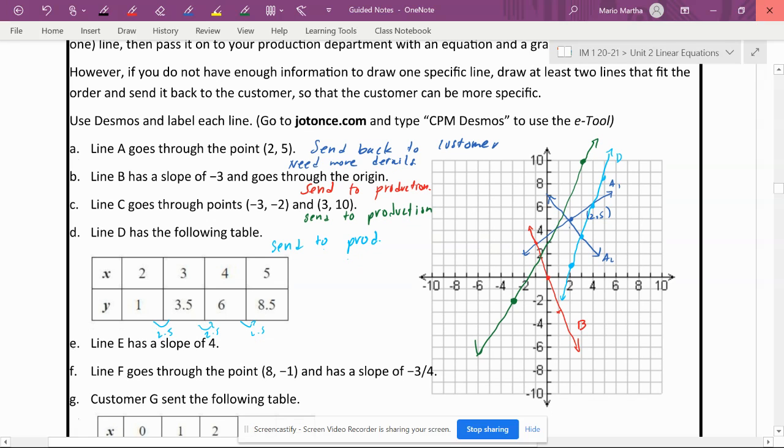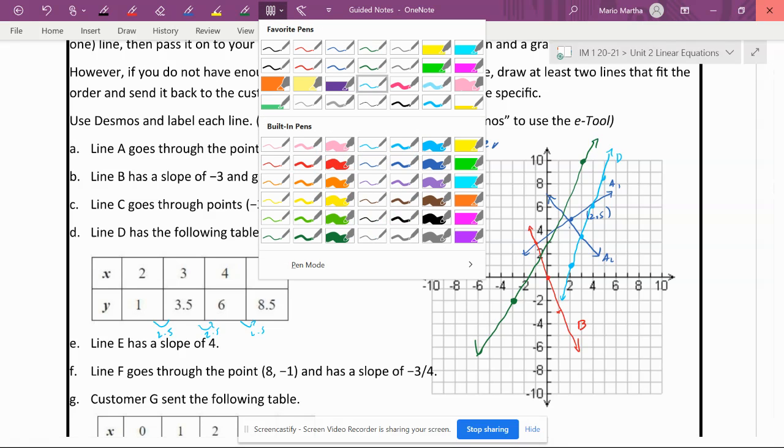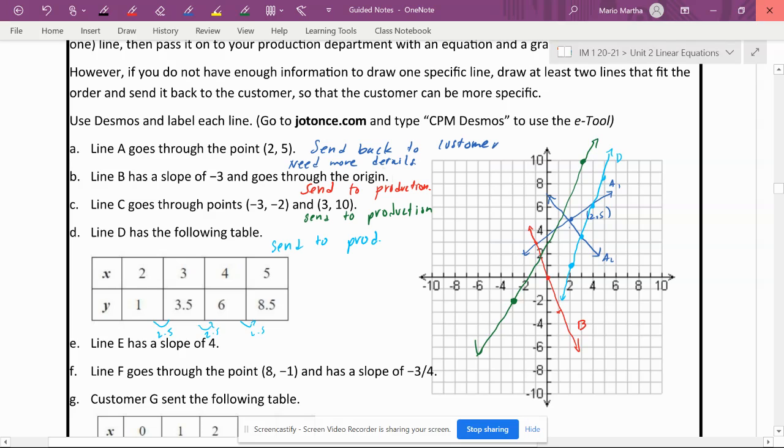So line E, they're telling us line E has a slope of 4. So that's the only thing they're telling us. If it's a slope of 4, we can start anywhere we want. I'm going to start here in the second quadrant, right? So up 4, 1 to the right. So that's one line.